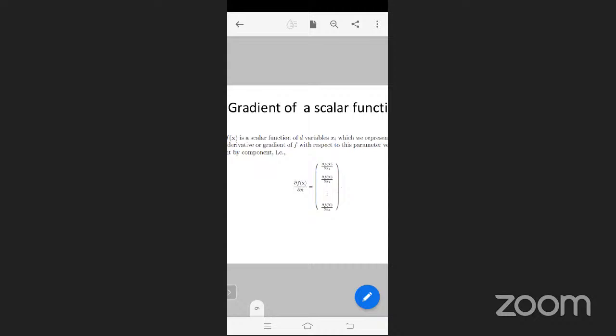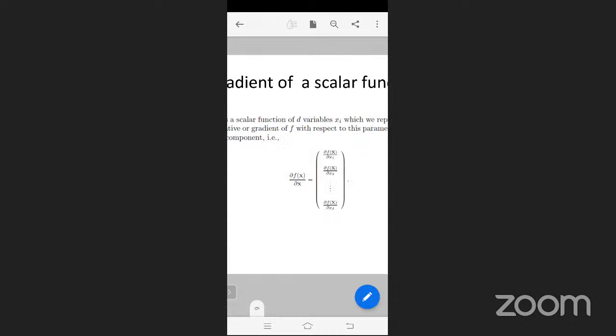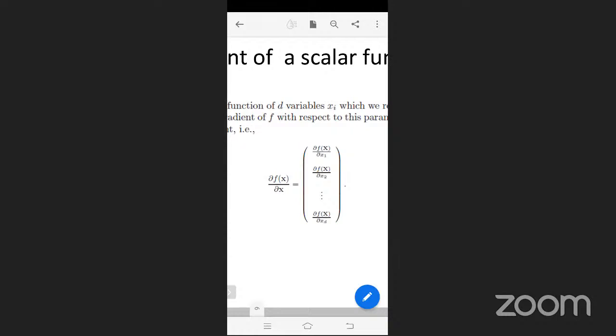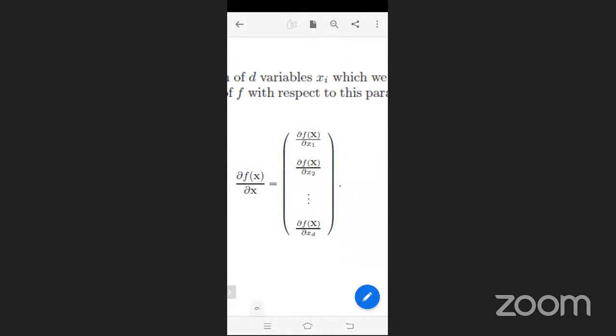So I'm saying that there is a scalar function f of x, and x is like x1, x2, x3 to xd. So the scalar function will have d independent variables, x1 to xd.